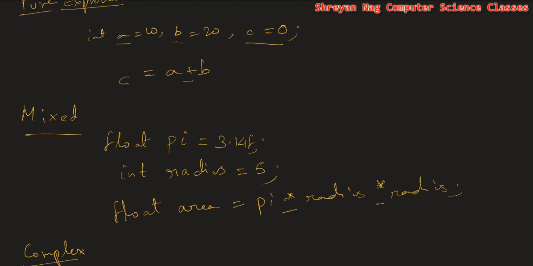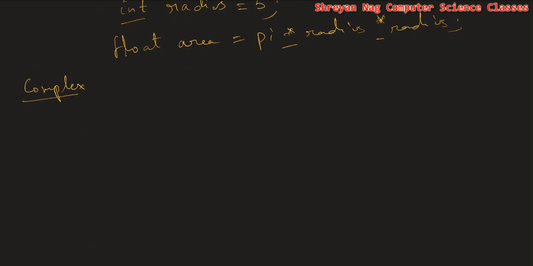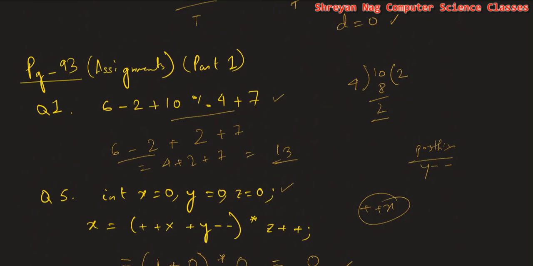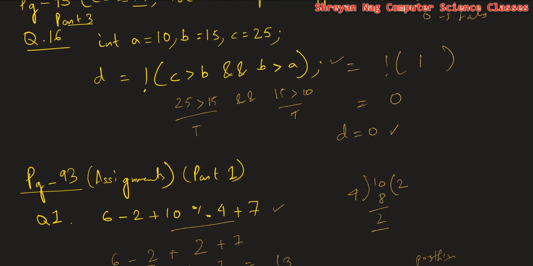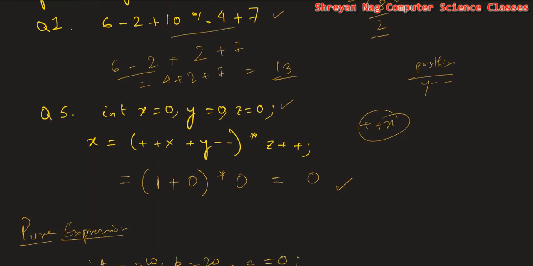But in a mixed expression, we are using different data types. In a complex expression, where multiple types of operators are there, we have to take into consideration the precedence and associativity of operators.